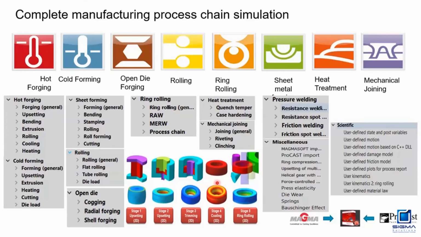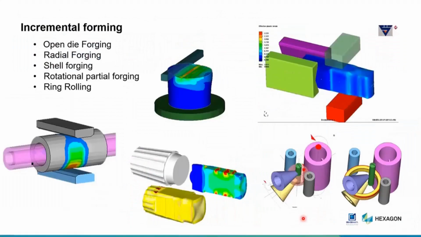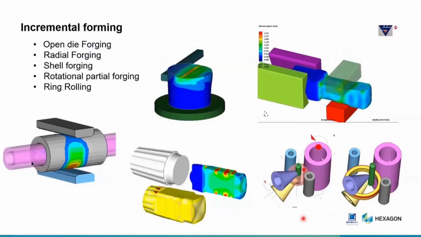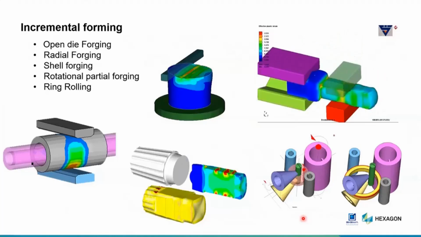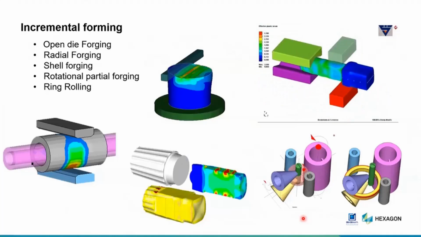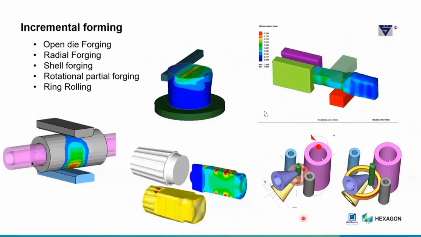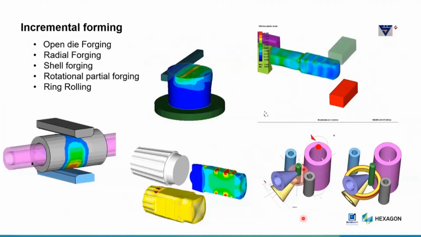The software gives that option to switch between 2D and 3D, so that you save a lot of simulation time. Apart from that, we have the option to take input from different software solutions like Magma and Procast for the material properties. These are the different operations we can address. It might be any metal-based manufacturing process. We can simulate and understand how best we can utilize the available resources.